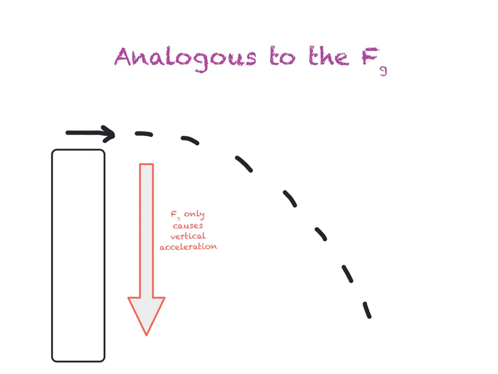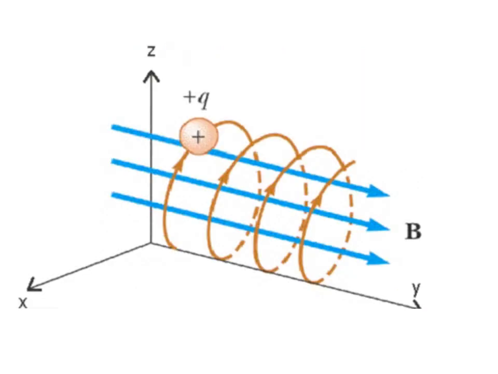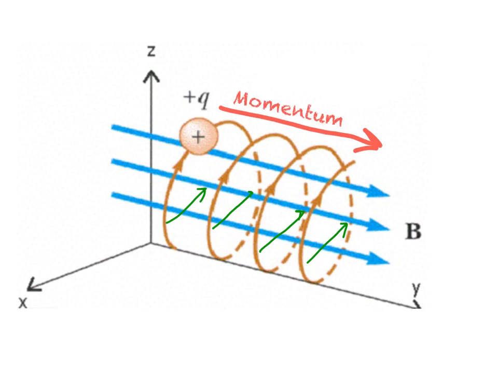So we see that it's changing its speed vertically, but not horizontally. Now the analogy here is that the magnetic force is only acting centripetally, but is not acting in the parallel dimension. Thus we would have a momentum moving forward, and we would call this pattern a helical path.